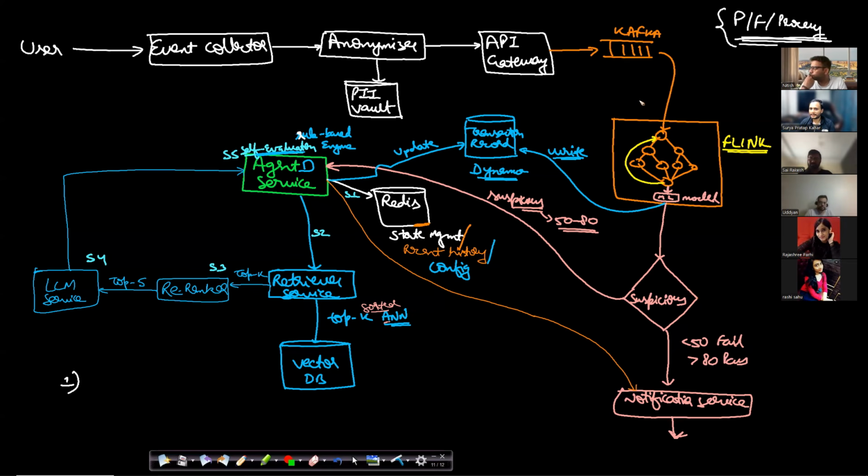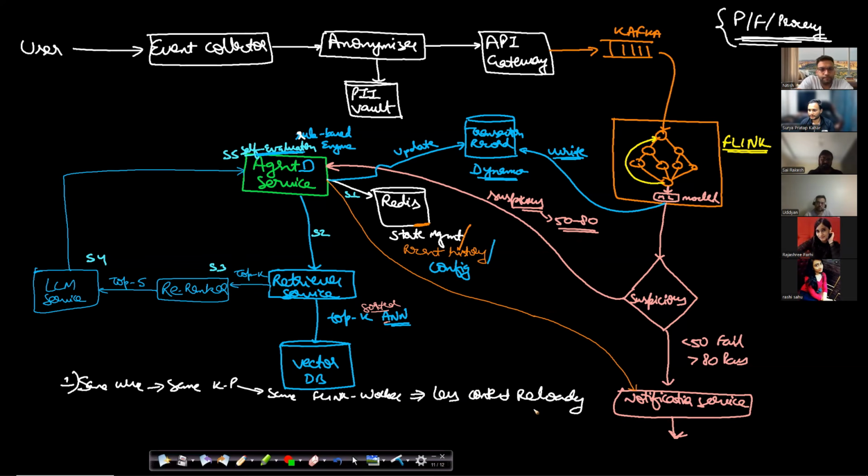So can I maintain that the same user goes to the same Kafka partition, so that it goes to the same worker in Flink, and so context reloading is less? Same user going to the same Kafka partition leads to the same Flink worker, and this leads to less context reloading, because everything is stateful here.